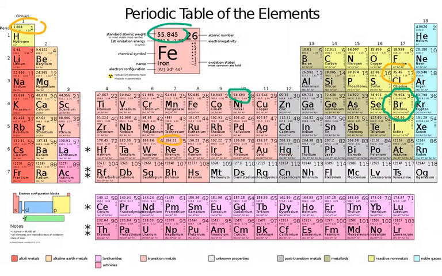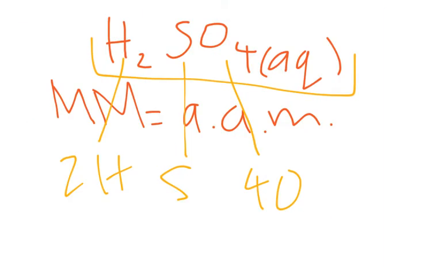So for simplicity, we will do the hundredths place for all the elements. Unless your teacher or instructor specifies otherwise, I advise you to stick to 2 decimal places when dealing with atomic weights or molar masses on the periodic table. So let's go back to the question.